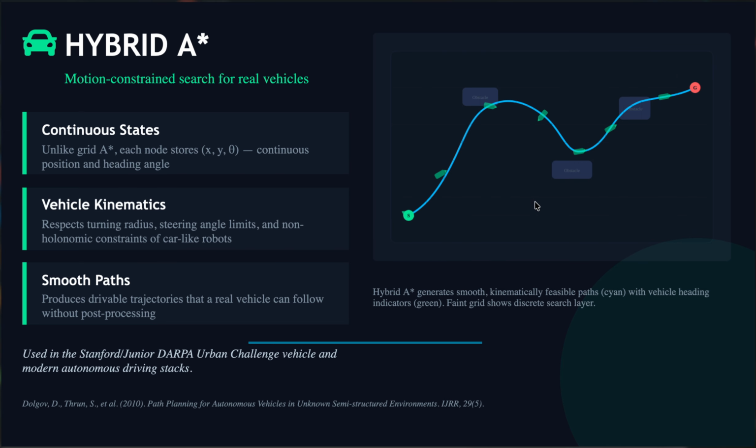Now there's the hybrid A-star, which is basically a motion-constrained search for real vehicles. Unlike A-star, it uses continuous states: each node stores X, Y, and Z coordinates, continuous position, and heading angle. For vehicle kinematics, it respects turning radius, steering angle limit, and non-holonomic constraints of car-like robots, and it produces smooth, drivable trajectories that a real vehicle can follow without post-processing.